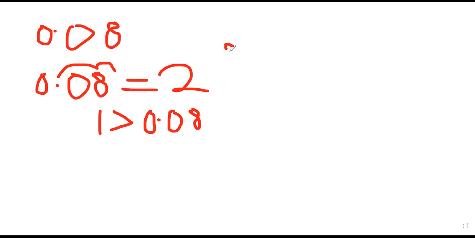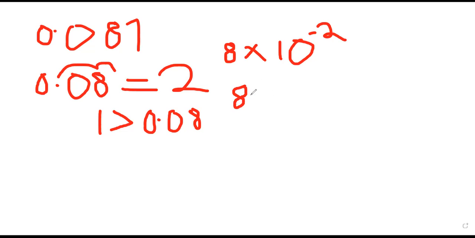So it will become 8 into 10 to the power minus 2. If it would be 0.087, we will write 8.7 into 10 to the power minus 2.